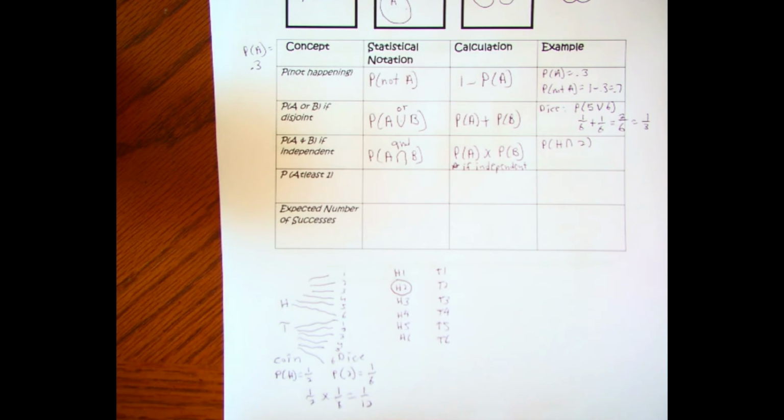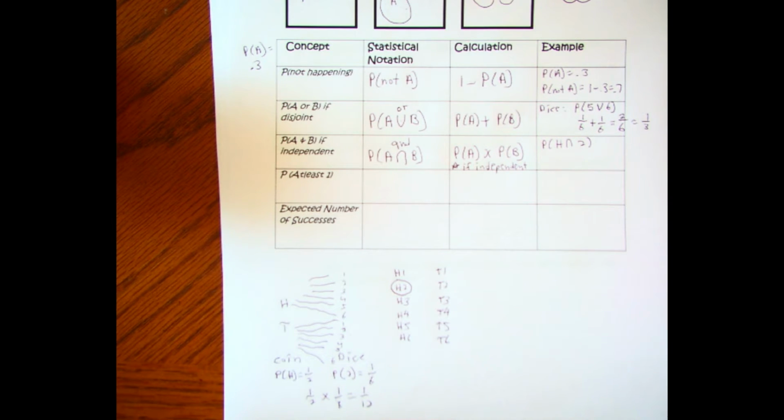Somebody will say, what's the probability that it snows out and someone is late to school? Well, those are not independent events. So you can't just say, oh, the probability of snow is 30% and the probability that somebody's late to school is 10%, so just multiply them.